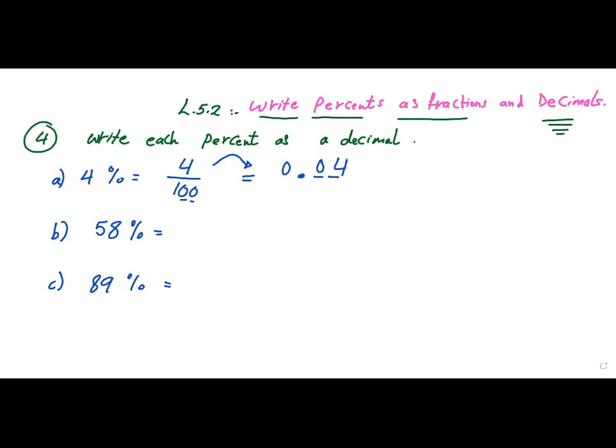How many places should you put on the right hand side of the decimal point? Let me ask Uday here. Uday, what should I write as a fraction first? 58 over 100. Good job. So 58 hundredths, how can I write 58 hundredths here? 0.58 because there are 2 places.